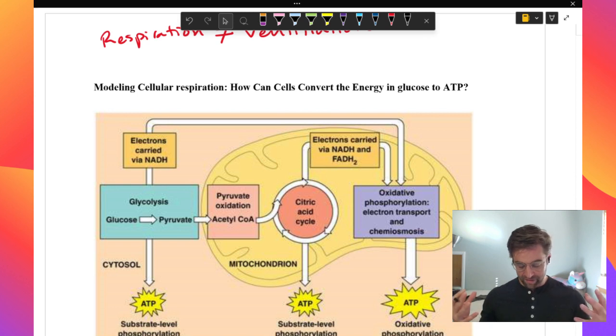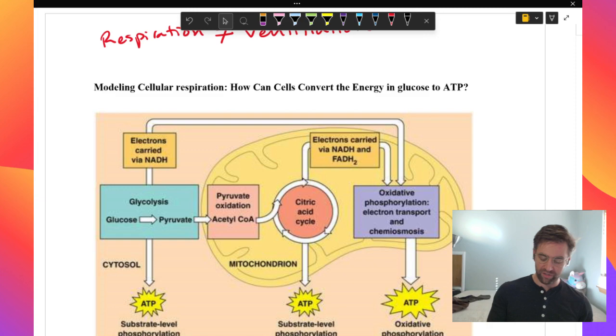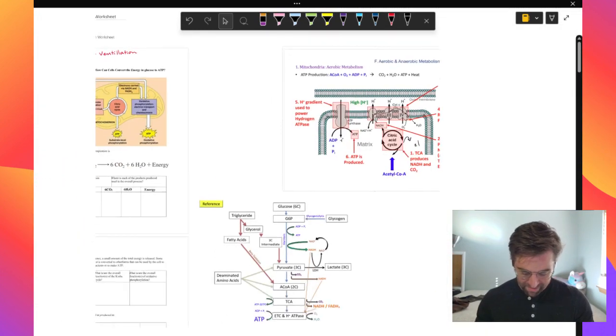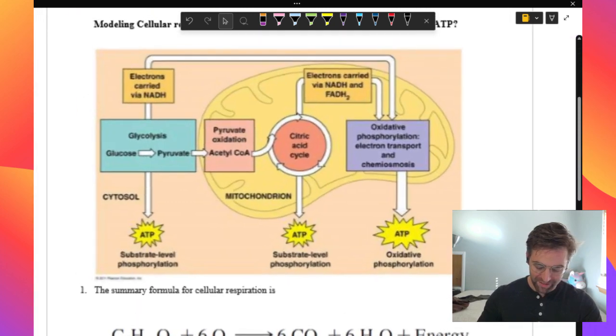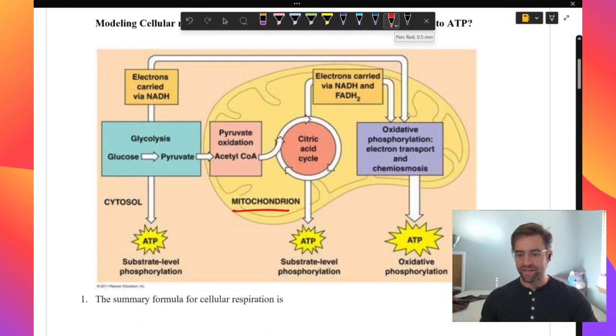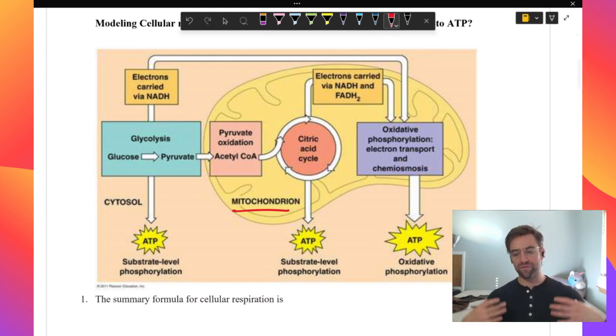So the first thing that we're going to look at here is this chart, a representation of not even a whole cell. We're just looking at really one compartment. We're looking at the mitochondria, and the mitochondria, you may have heard, is the powerhouse of the cell, right? This should be familiar, and that is because it is the site of most of cellular respiration.